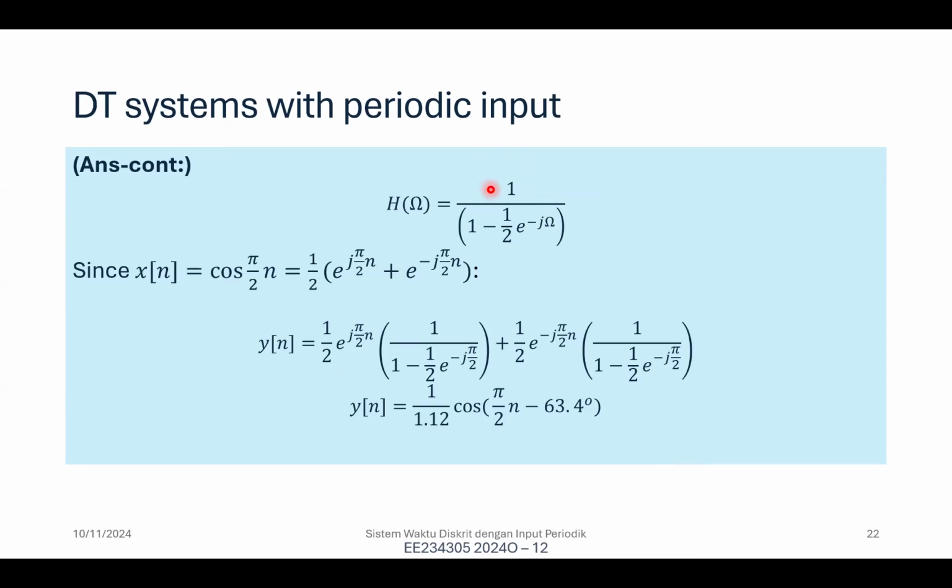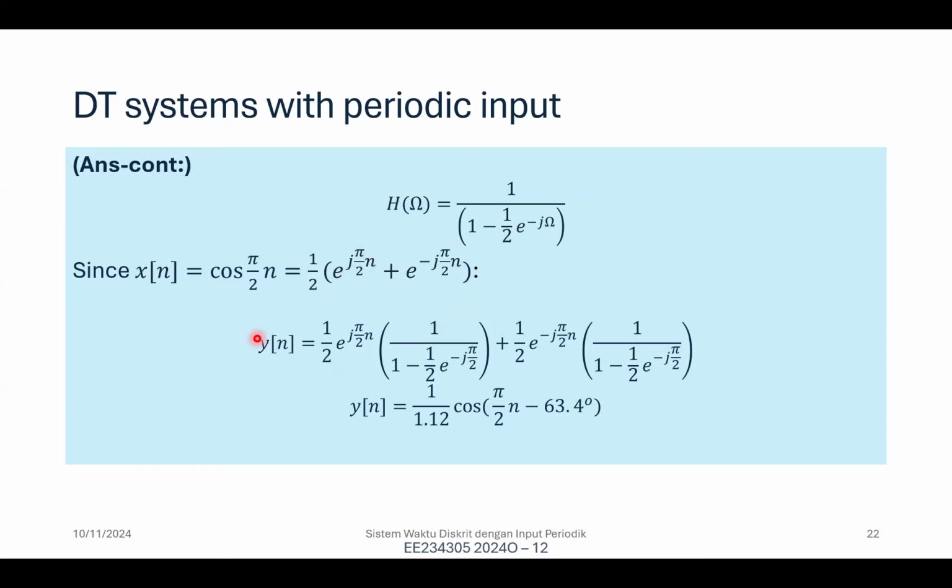And since x[n] is the input signal cos(πn/2), now we can look at this periodic input signal, right? And we change the form into complex exponential form: e to the jπn/2 and e to the minus jπn/2.